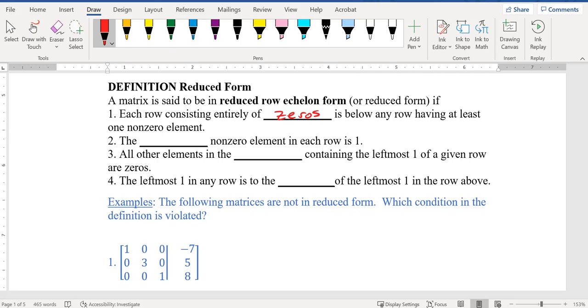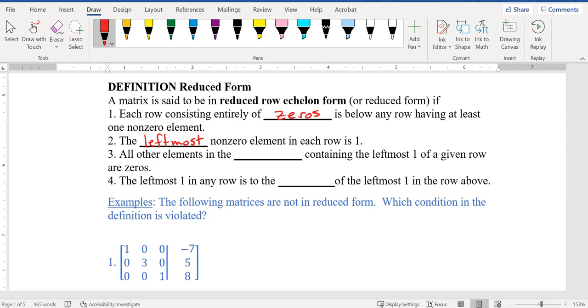Second condition, the leftmost non-zero element in each row is a 1. In other words, reading from left to right, the row has to start with a 1.